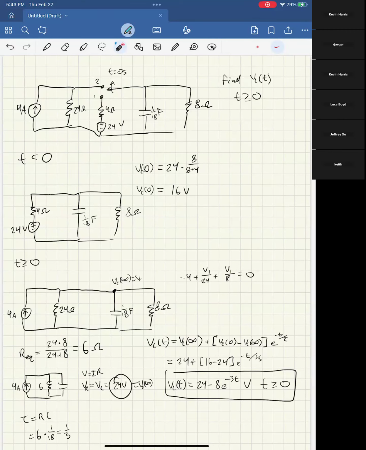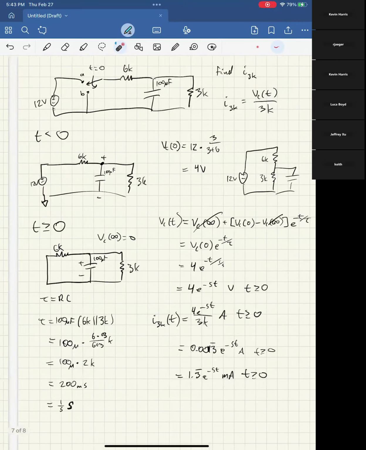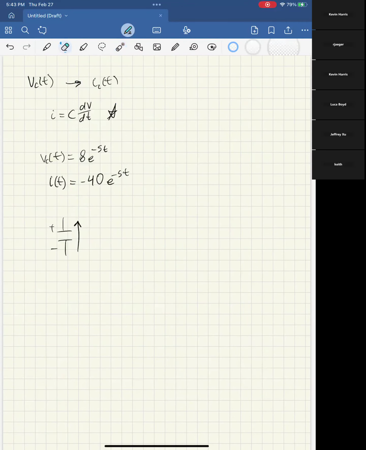In the example you just did with C dV/dt, C would be, good catch, I completely ignored that. Let's say this is 100 nanofarads.